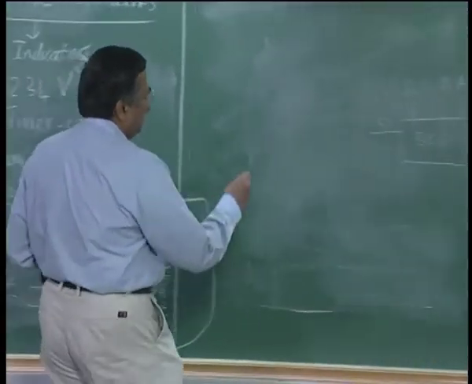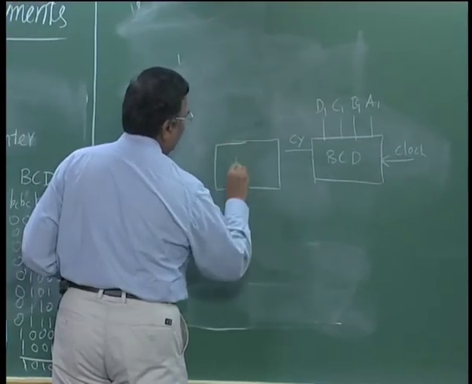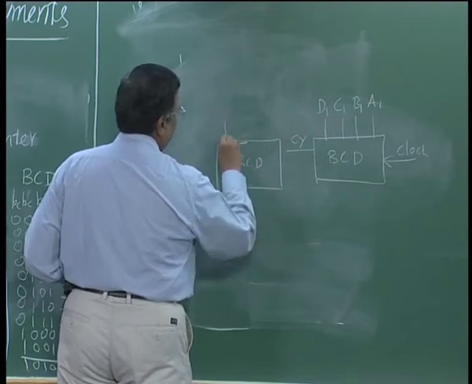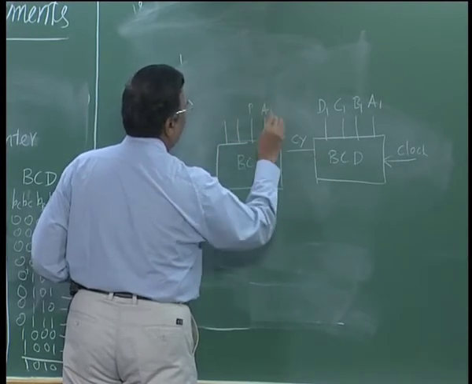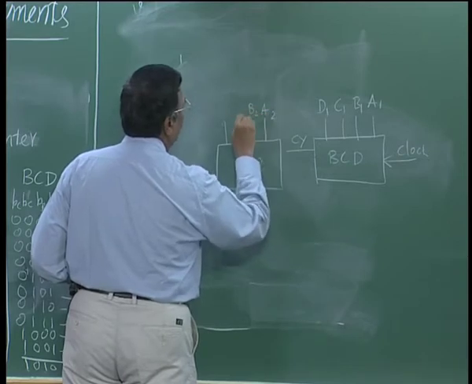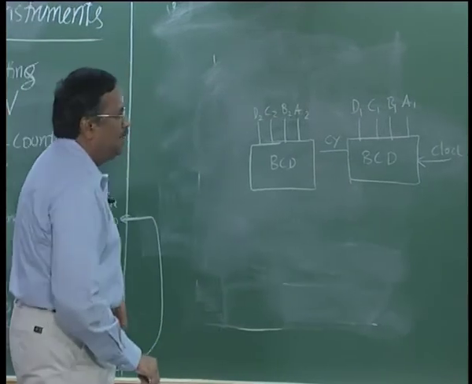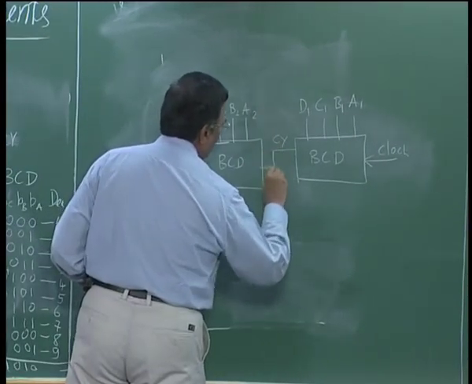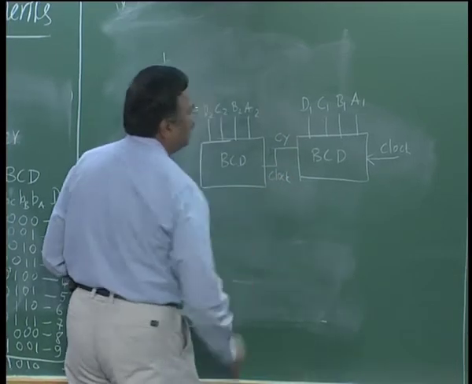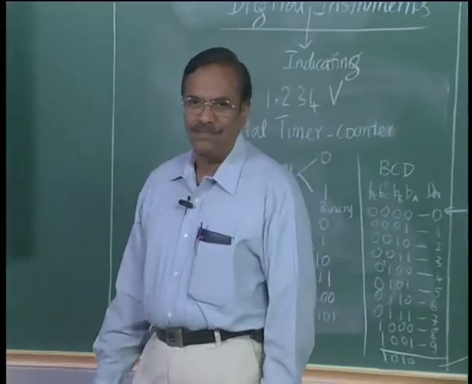So, we can again make another BCD counter, A2, B2, C2, D2, right, and the clock of that I can connect from the first BCD counter, right.